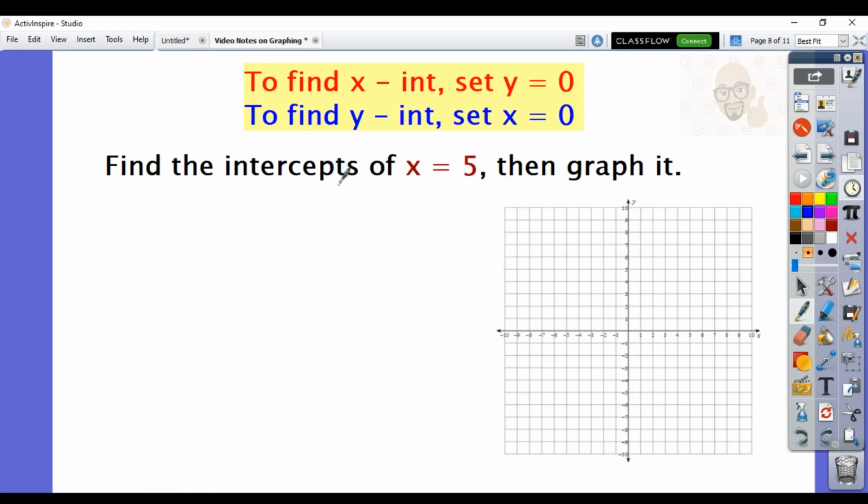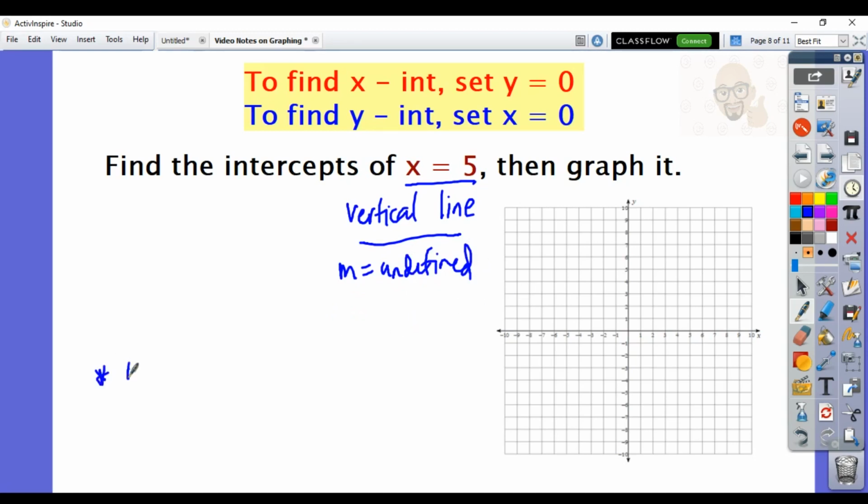Next, find the intercepts of x equals 5, then graph it. x equals 5. We have done this in the previous video, that it's going to be a vertical line, because here there's no slope. When I say there's no slope, the slope here is undefined. If the slope is 0, then it will be a horizontal line.